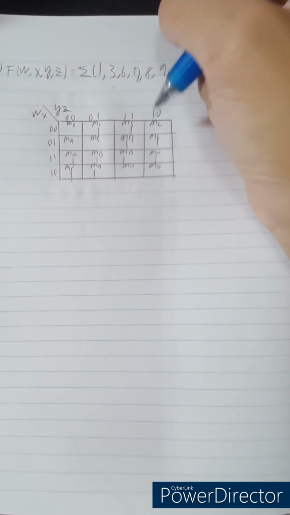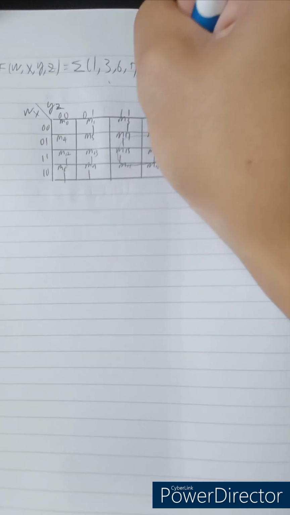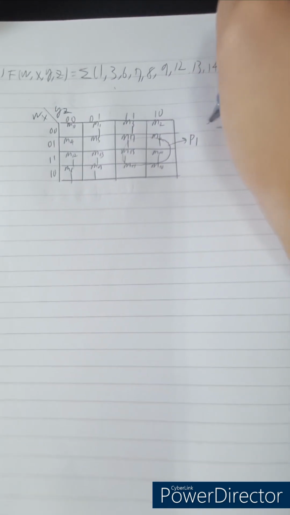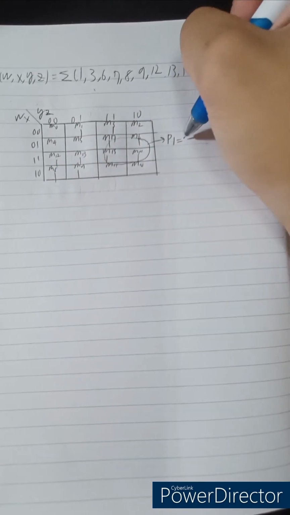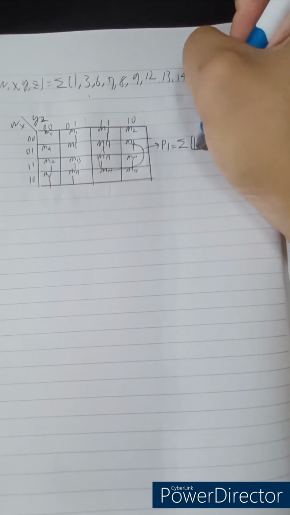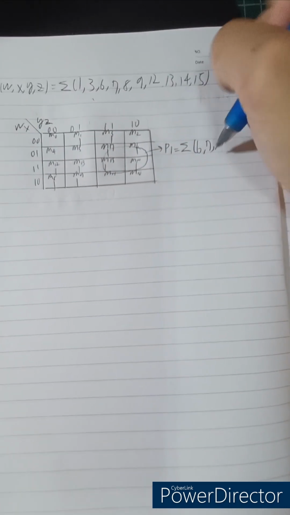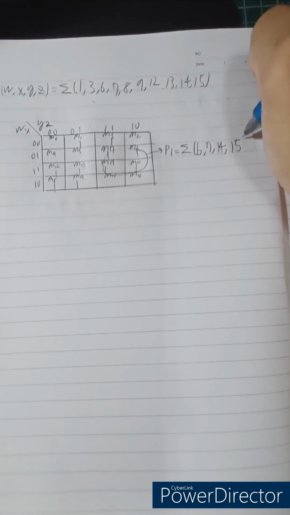So we can find here is a prime implicant, and we call it P1. P1 is composed of minterms 6, 7, 14, 15.